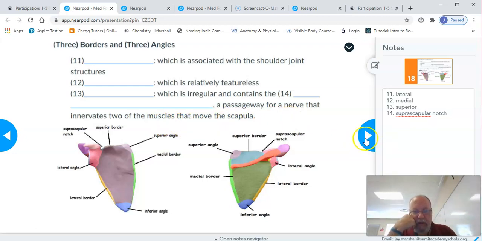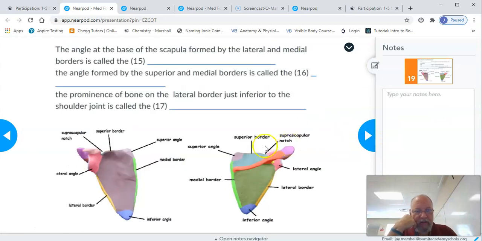Okay, so let's go ahead and go to the next slide then, and see the angles that we're talking about. So the angle at the base of the scapula, this is the easy one. It's the inferior angle. And then the angle formed by the superior and medial borders right here is going to be the superior angle.